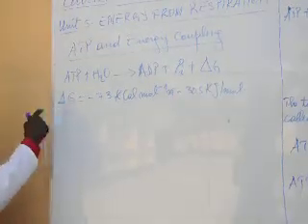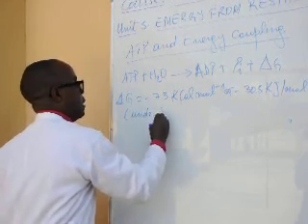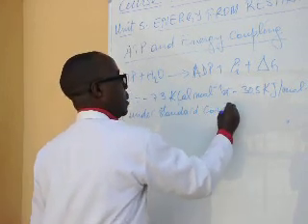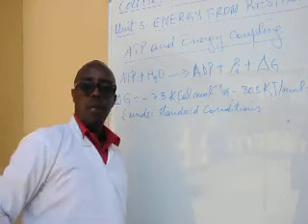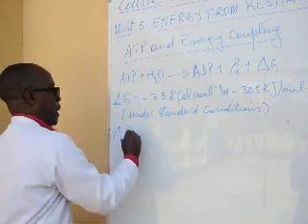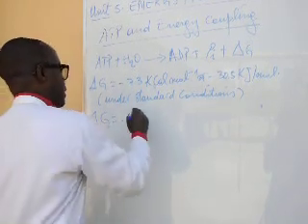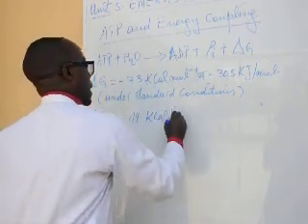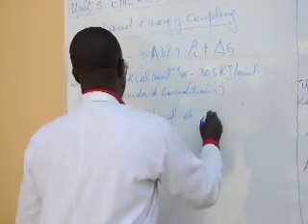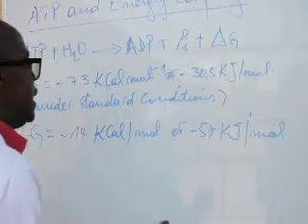But this delta G is under standard conditions. When we are in living cells, delta G is equal to minus 14 kilocalorie per mole, or 57 kilojoule per mole.